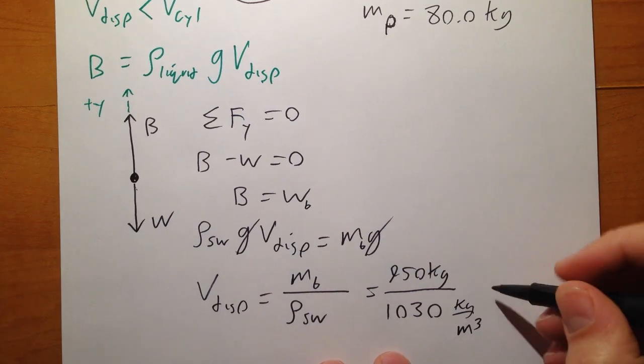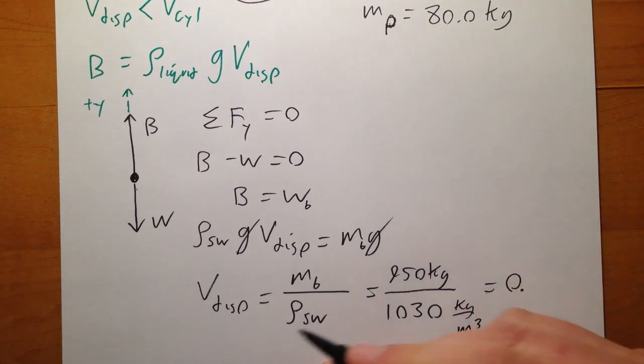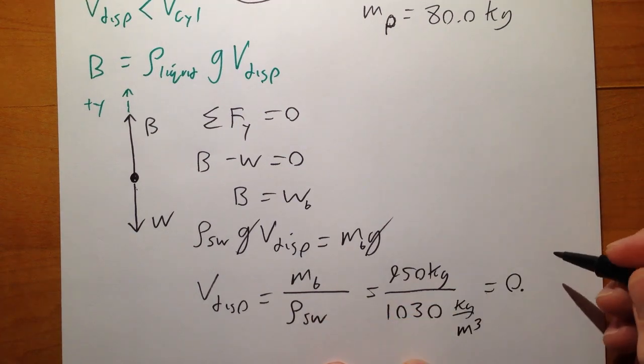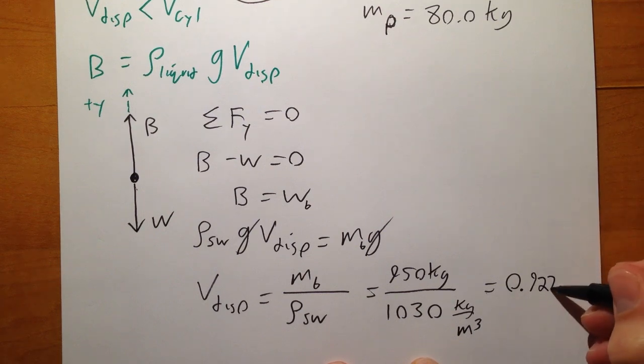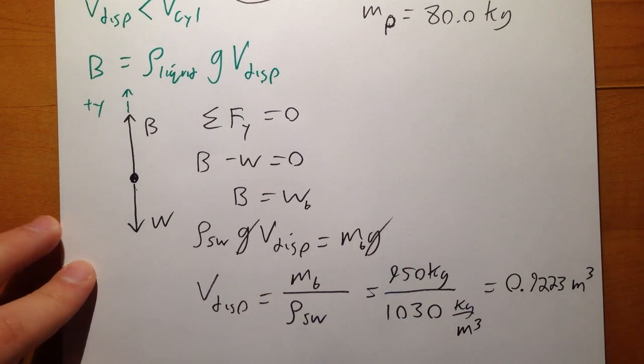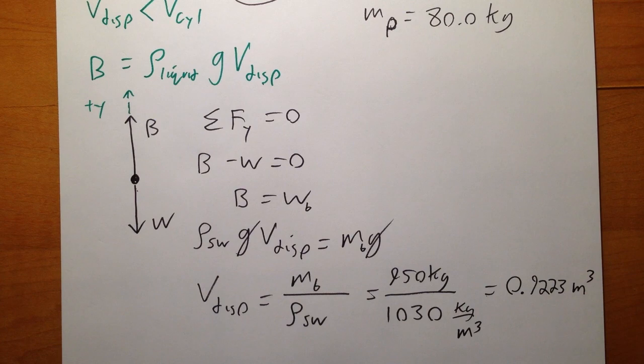When we do this, we find not the answer to the problem, but the volume displaced by just the buoy, and that's 0.9223 cubic meters. So that's neat. We don't know anything about the actual size of this buoy, but we can figure out how much of the buoy is underwater, or the volume of water which has been displaced by that buoy.